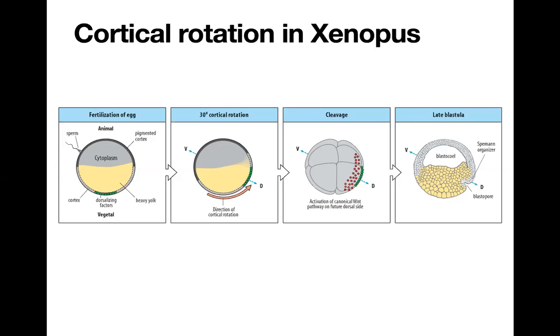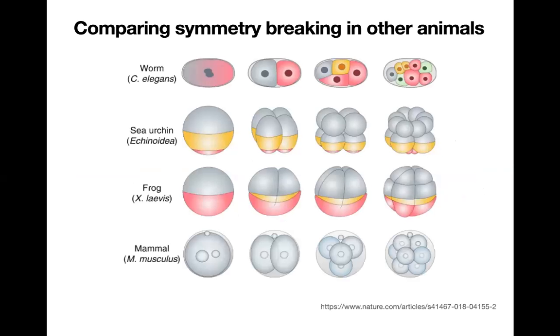What's so special about this, okay? And so here, what we're going to talk about is the experiments of, so this kind of symmetry breaking happens in many other systems as well. The worm has these pre-existing asymmetries that are imparted from the mother during oogenesis.